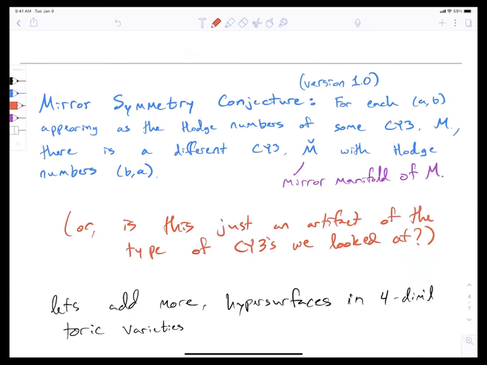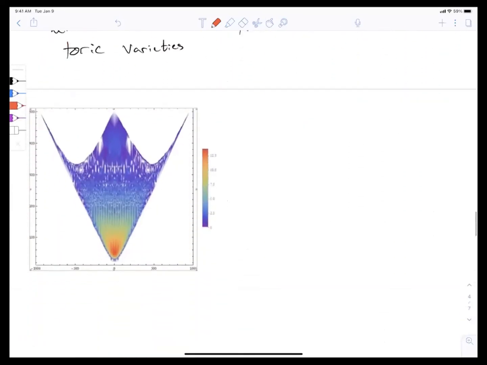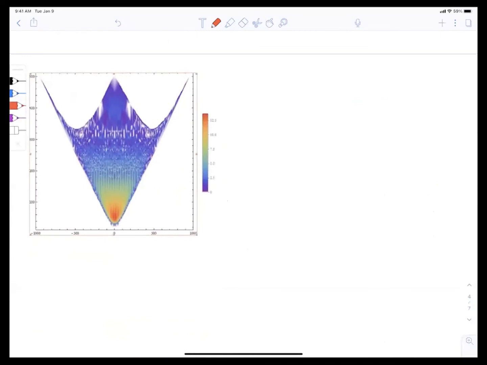And so this next graph is adding quite a few more examples. And so here, this is actually a heat map, because there's too many just to plot with dots, so I wrote this down, 473,800,652 different examples of candidate spaces for our universe, which satisfy the Calabi-Yau property. And we notice that the symmetry really seems to be persisting.